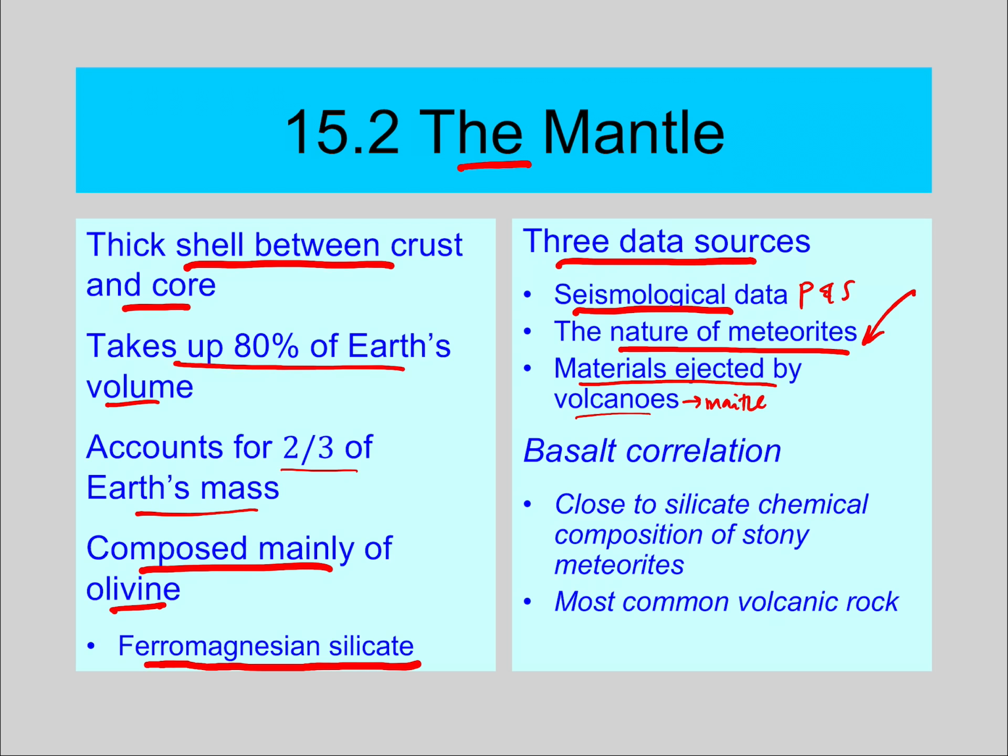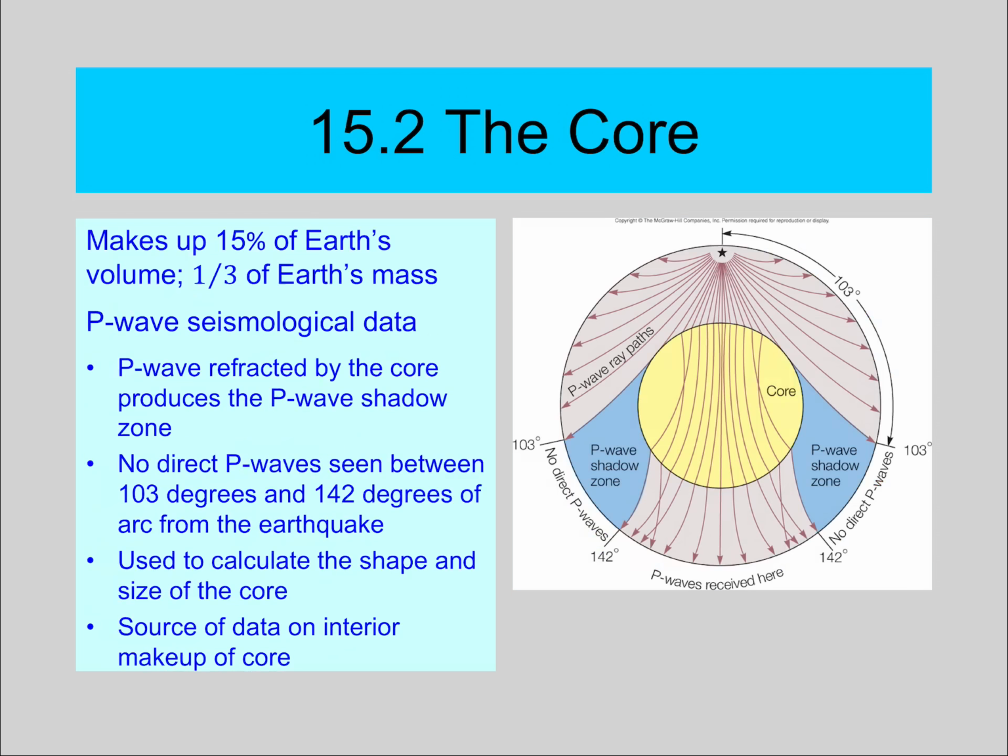Now, the basalt correlation is that it's close to the silicate chemical composition of stony meteorites, and it's the most common volcanic rock, and so therefore we deduce that the basalt is going to be present in the upper parts of the mantle, along with the olivine.